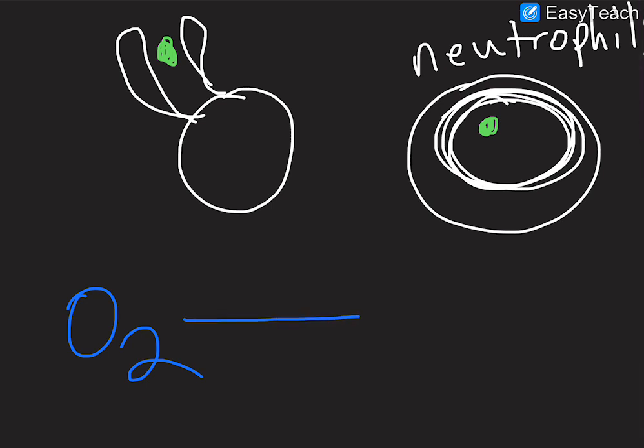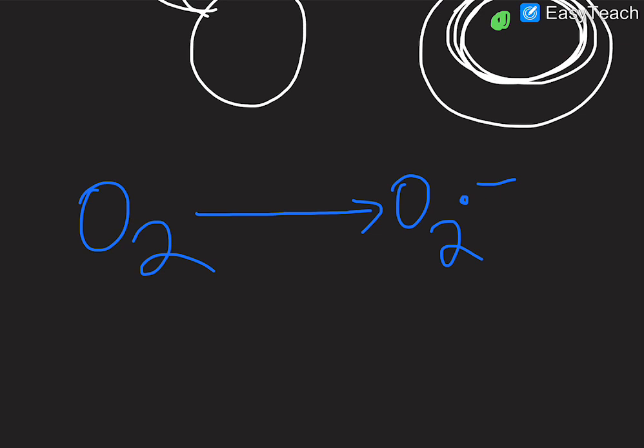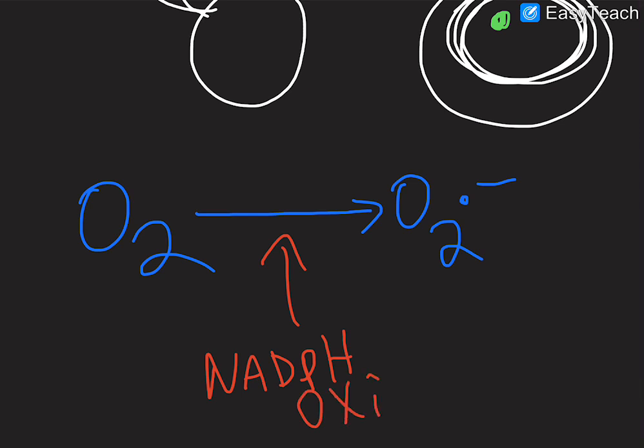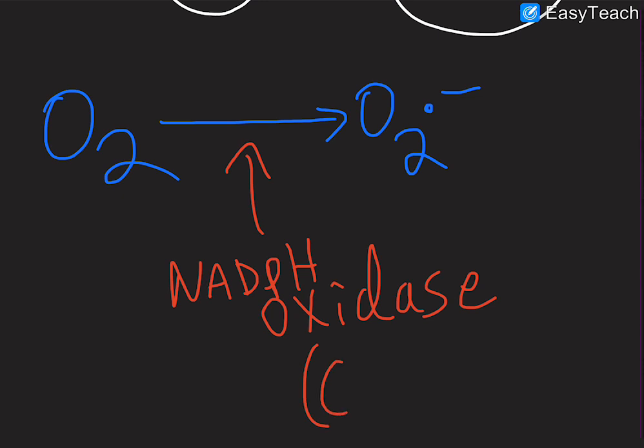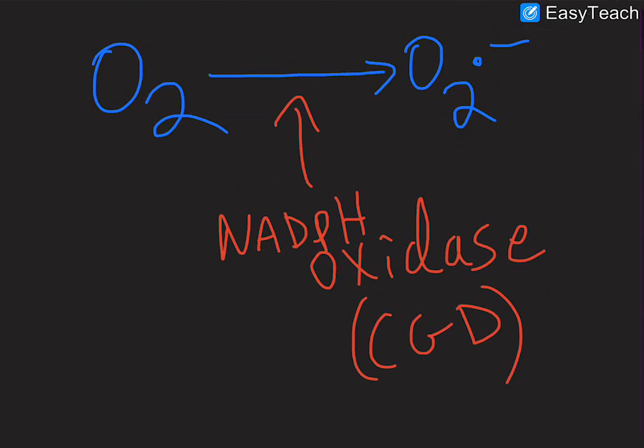Oxygen will get converted into superoxide anion, and you need an enzyme to do this, NADPH oxidase. This enzyme is deficient in chronic granulomatous disease, which we'll talk about in another video pretty soon. So that's the first step of the oxygen-dependent killing.